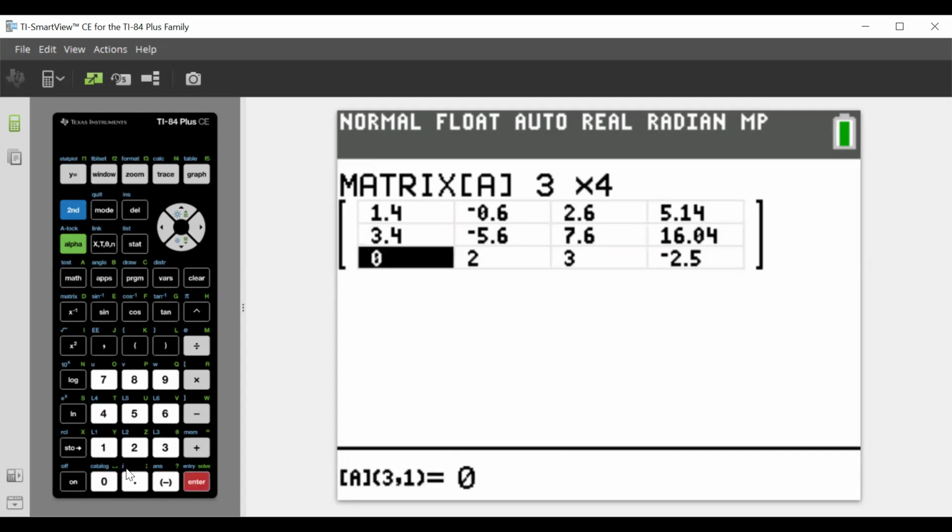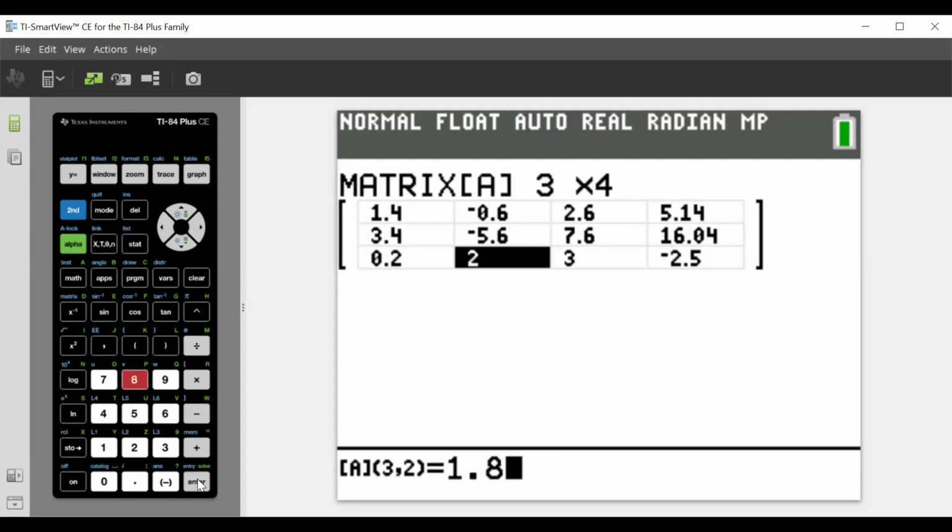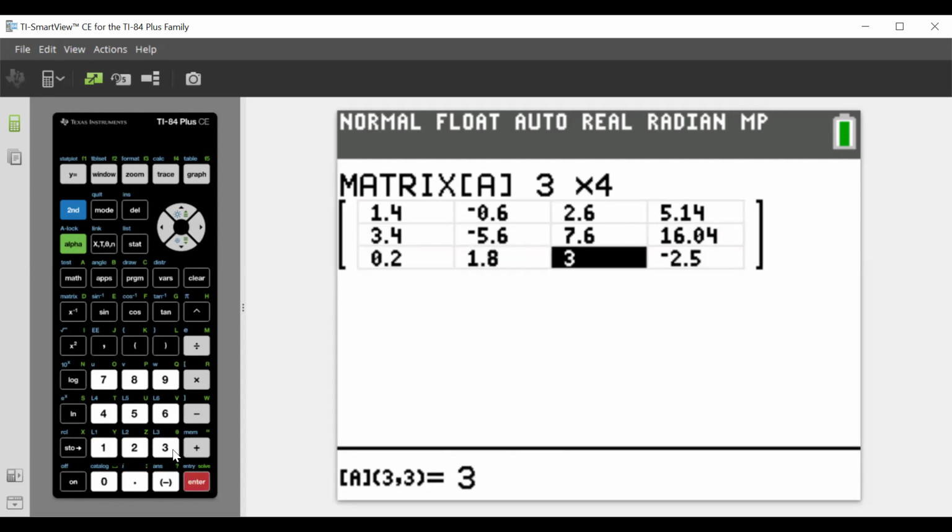And then last, we have 0.2, 1.8, negative 3.7, and finally a negative 7.16.